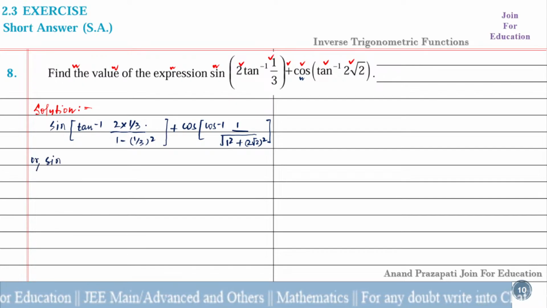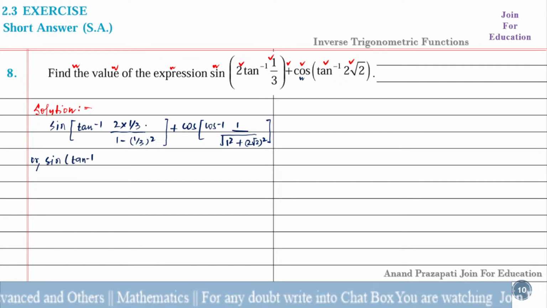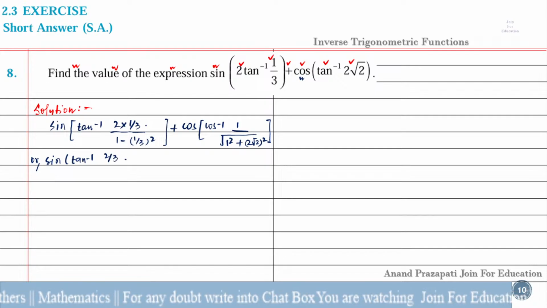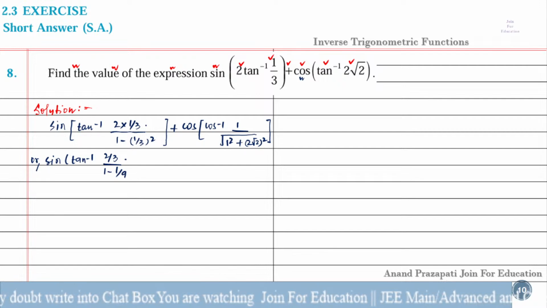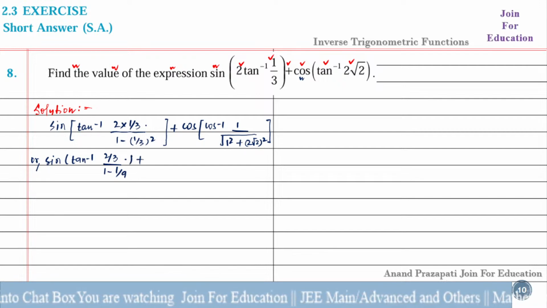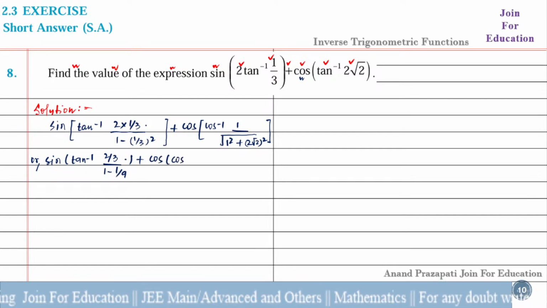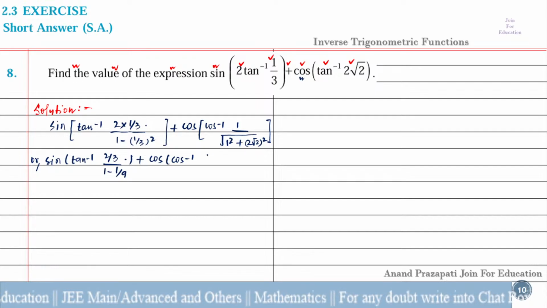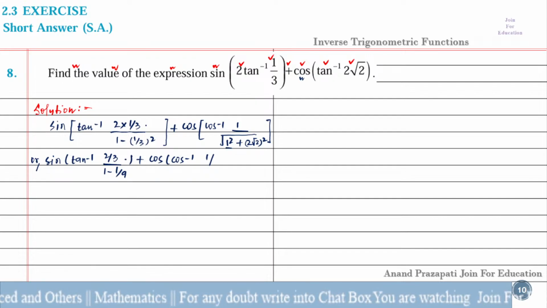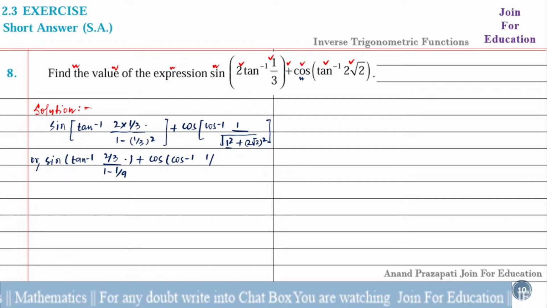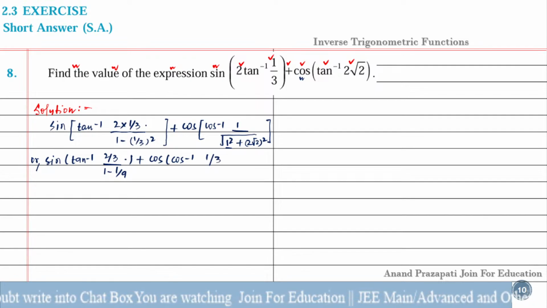Sine whole star tan inverse, here will be 2 by 3 by 1 minus 1 by 9, plus we write down here cos, and here will be whole star cos inverse 1 by 1 square, it means that 1, and 2 root 2 square equal to 8. 8 plus 1 equal to 9, and square root of 9 is 3. So we write down here direct 3.